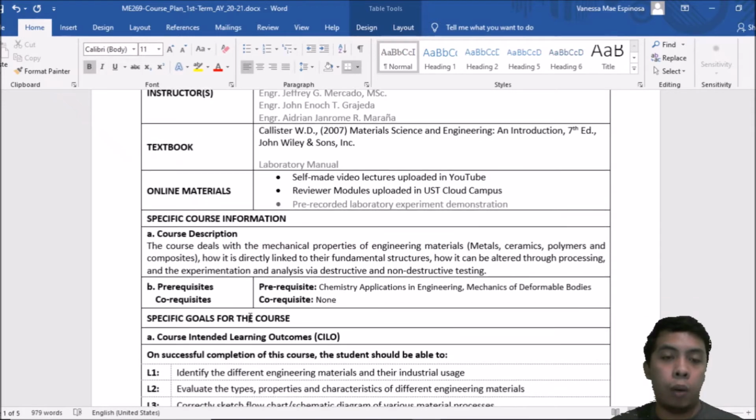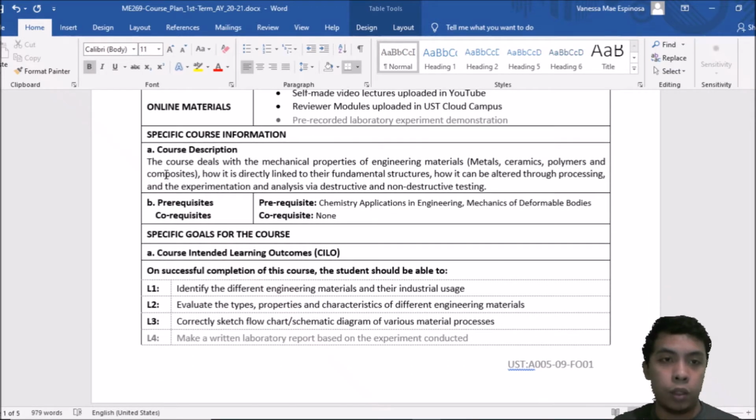For our course, we have this course description. Why do we need this course? The course deals with the mechanical properties of engineering materials such as metals, ceramics, polymers, and composites, and how these are directly linked to their fundamental structures, how they can be altered through processing, and the experimentation and analysis via destructive and non-destructive testing.